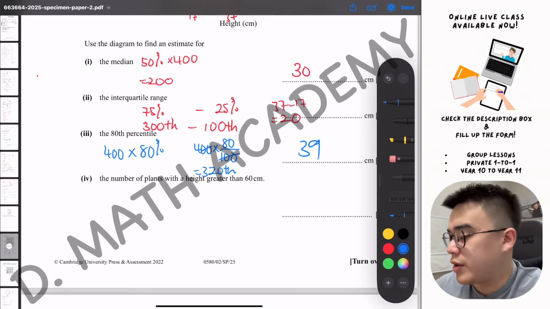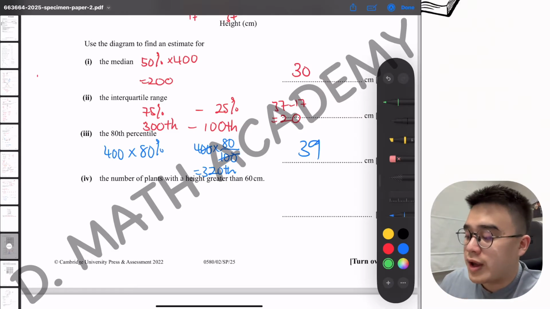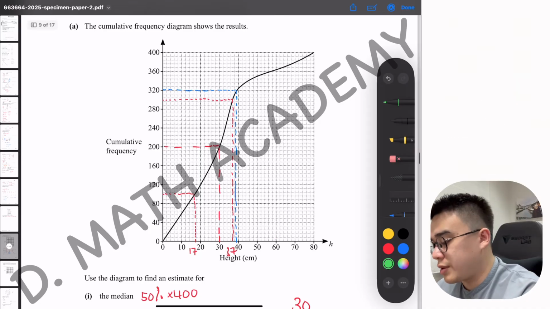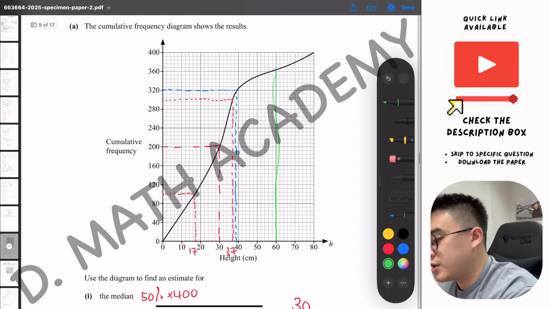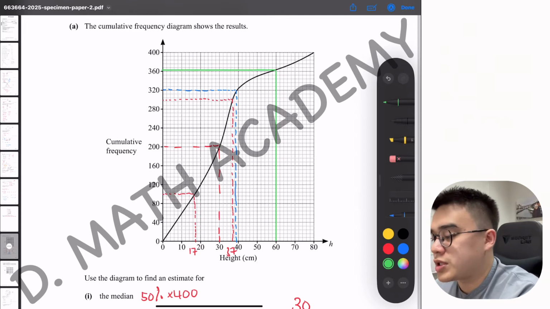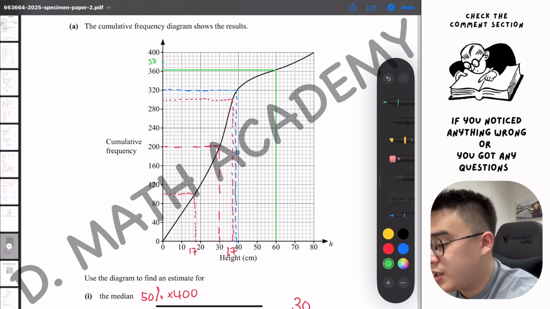And then we are left with the most challenging question here. They want us to find plants that are greater than 60 centimeters. So 60 centimeters is here. So when you trace it back, it points at somewhere around this part here, which is 380.